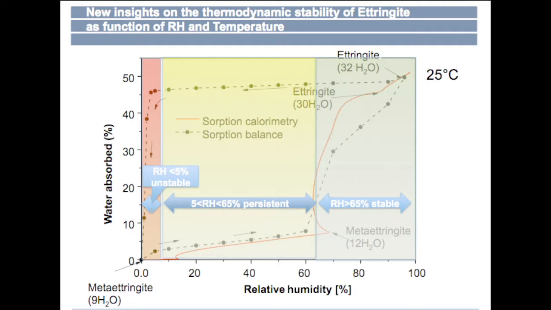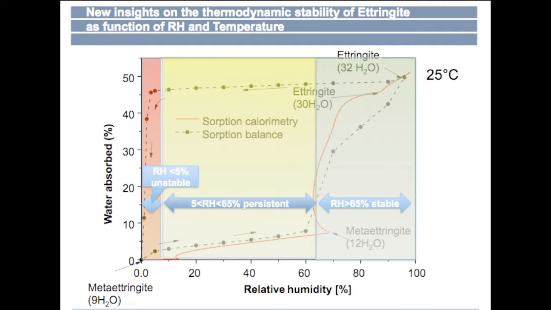We haven't yet finished the final calculations, but what we can clearly see based on sorption calorimetry and sorption balance measurements is that in the range between 65 to 100% relative humidity at 25 degrees C, ettringite is stable.